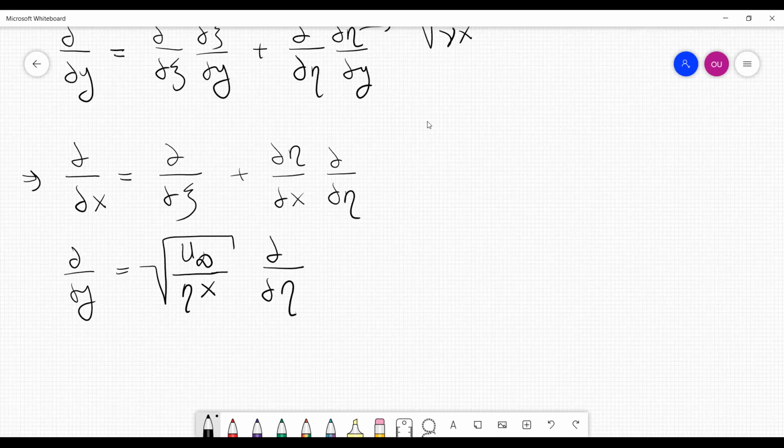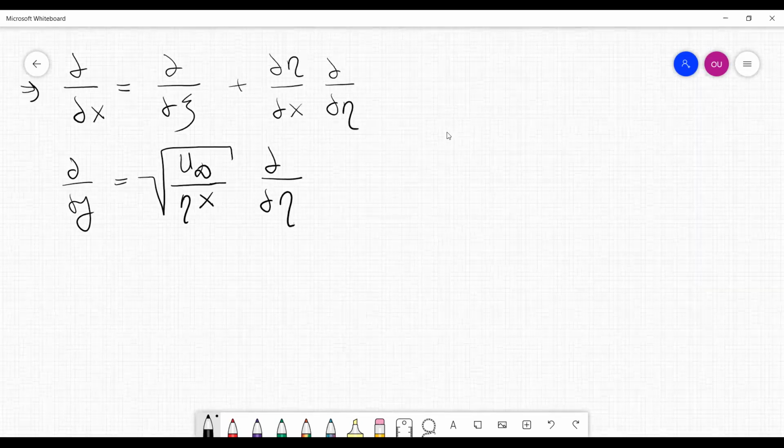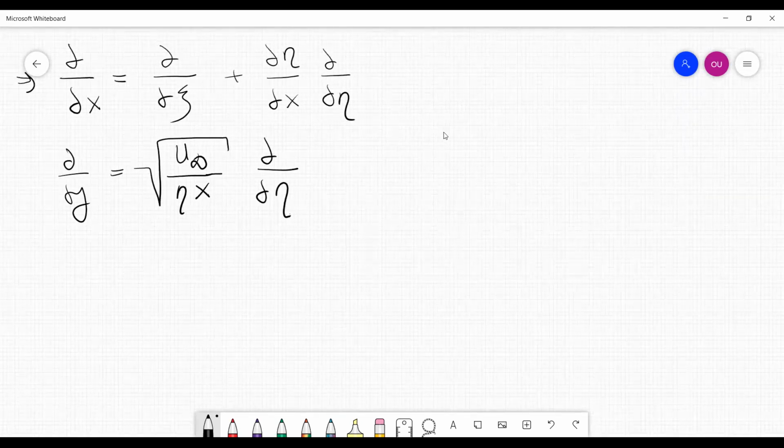Student: In the eta term, is the x a subscript of nu, or are they in multiplication? Yes, it's multiplication. Okay, thank you. It is eta times x. Is it eta times x or viscosity times x? Let me check.